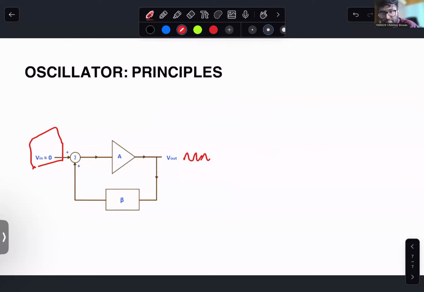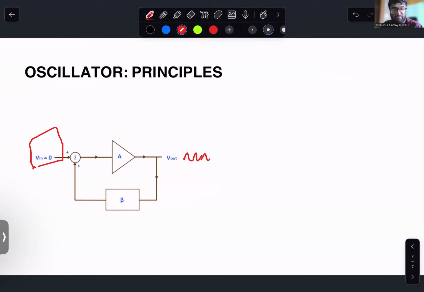So initially, whenever this oscillator is turned on, all the frequency components of this thermal noise will get amplified by the amplifier. And the amplified output of this thermal noise will be given to this feedback circuit. Now, as I said earlier, the feedback circuit is a frequency selective circuit.